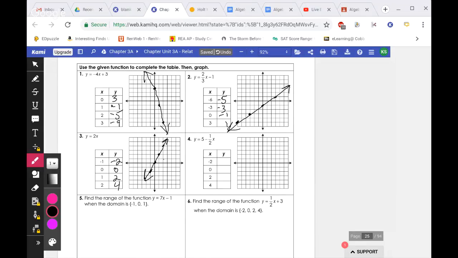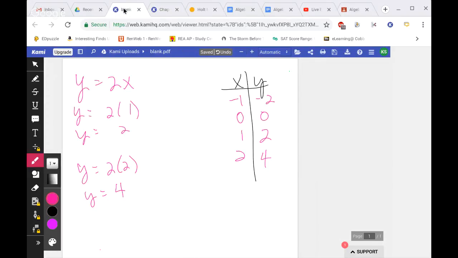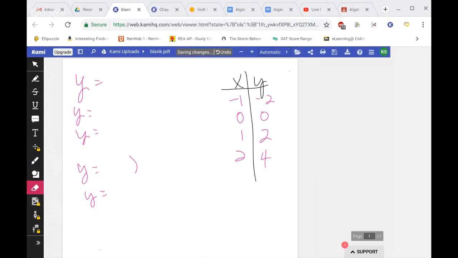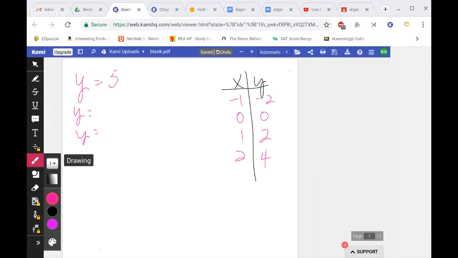Now on number 4, once again, we're dealing with a fraction. So we want to choose x values that are multiples of 2, which is in the denominator, because that makes working with our equations much easier. So we've got y equals 5 minus 1/2 x.